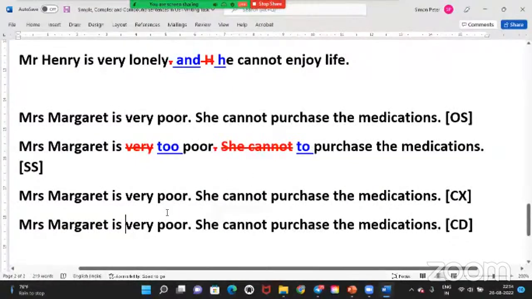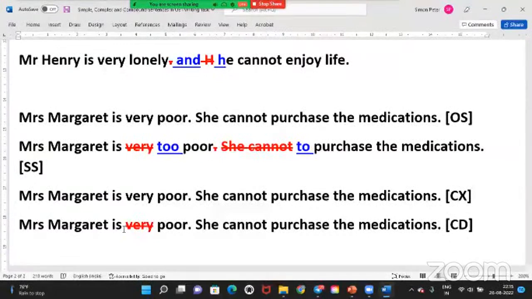What should I do? I should remove very, right? Which one is this, the second one or the third one? The third one. Mrs. Margaret is very poor. Then remove the full stop. And she cannot purchase. Remove the full stop, and put and.